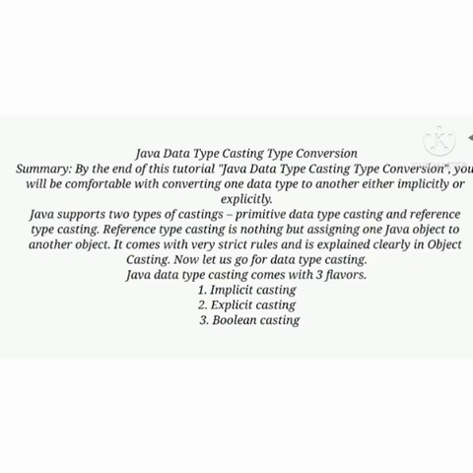Now let us go for data type casting. Java data type casting comes with three flavors: implicit casting, explicit casting, and boolean casting. Type casting is divided into two types: primitive data type casting and reference casting. Primitive data type casting means converting from one data type to another data type.